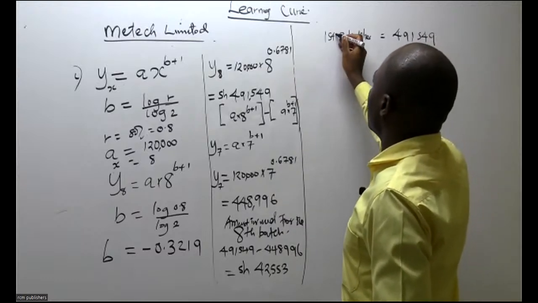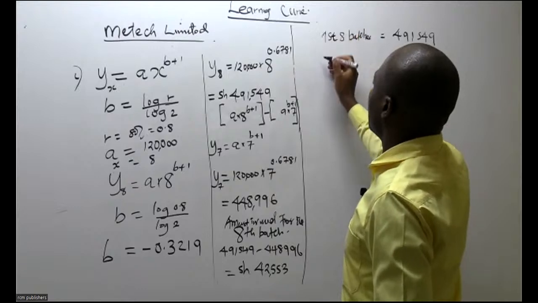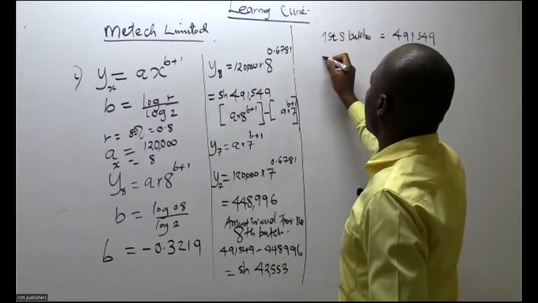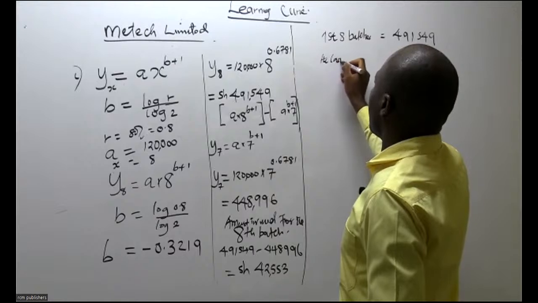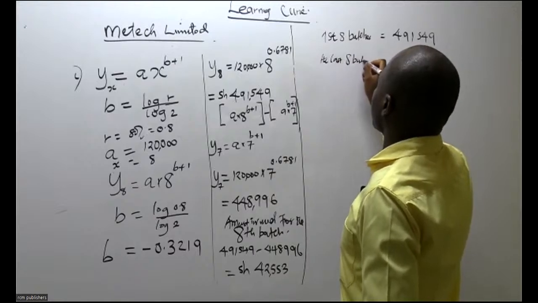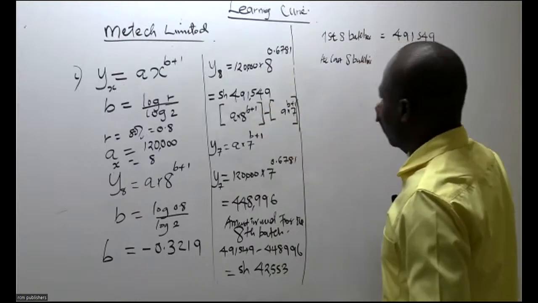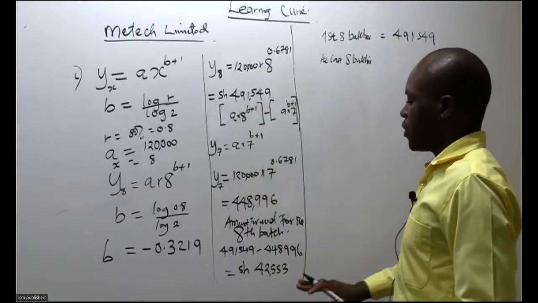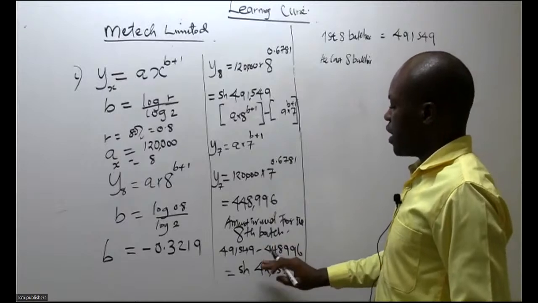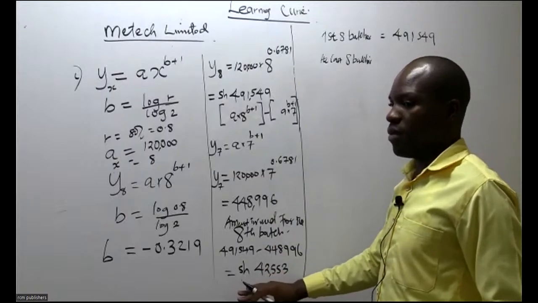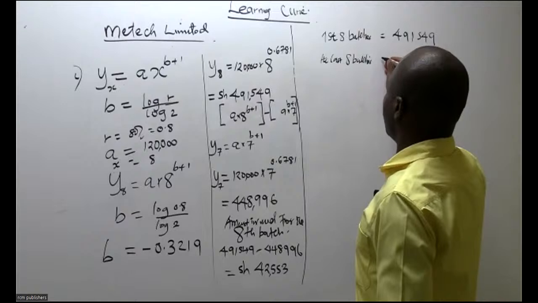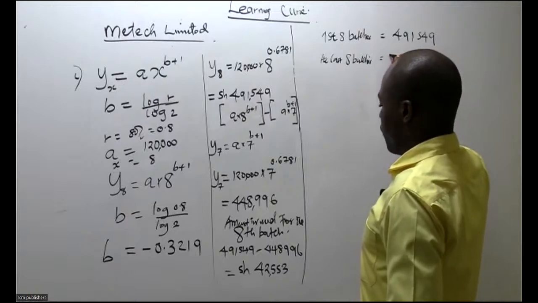Then the last 8 batches, we are told the production cost per batch or labor cost per batch is equivalent to that of producing the 8th batch.